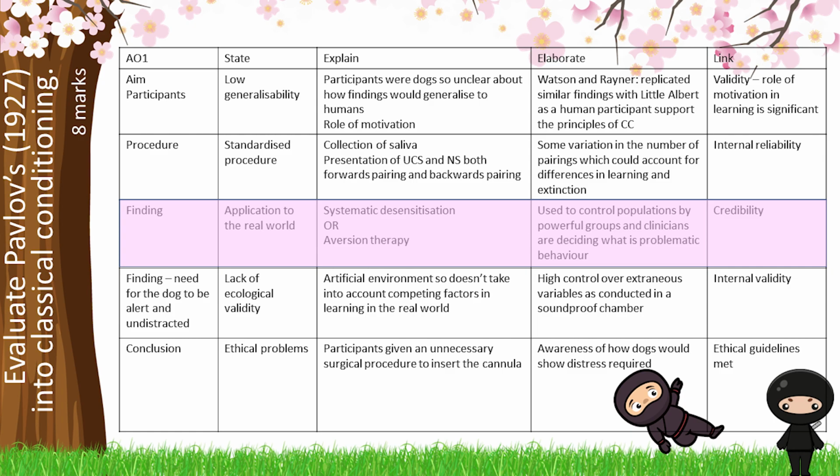So maybe feeling unwell with an addictive substance, and therefore we would stop taking that addictive substance. Again, we want to counter that, saying actually this has been used to control certain groups. We could talk about behaviour modification camps here, but overall the fact that we can apply this to the real world gives Pavlov's study credibility, but also gives credibility to classical conditioning.